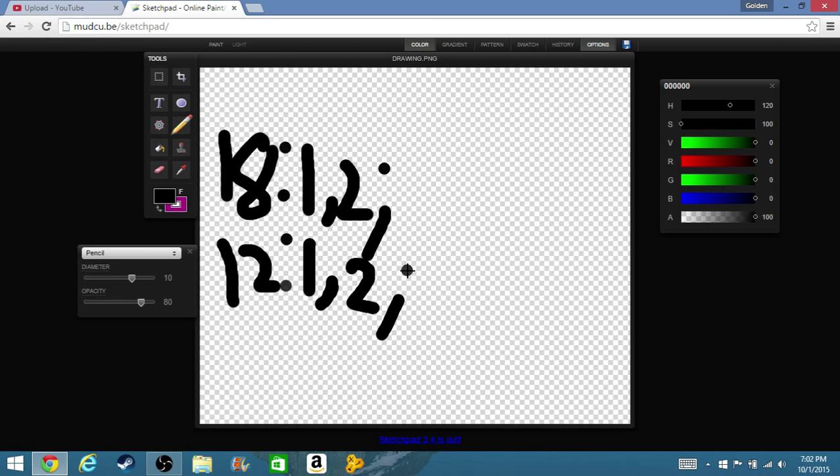I know there's a 4. There's actually a 3 in this. There's a 3 in this as well. This looks pretty similar at the moment. There's a 6. I did something wrong.